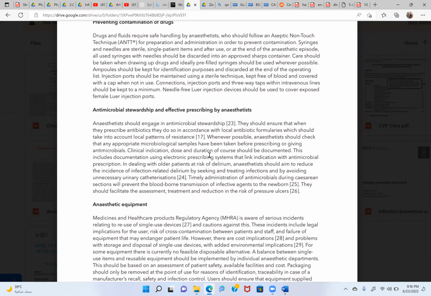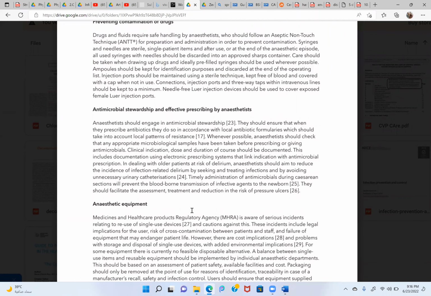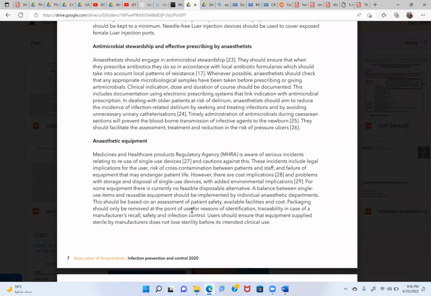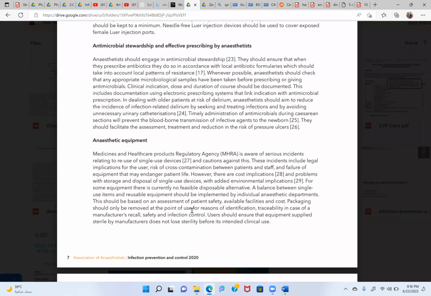What is the role of prophylactic antibiotics? Sir, before surgery, you were saying? It's not indicated in every patient.